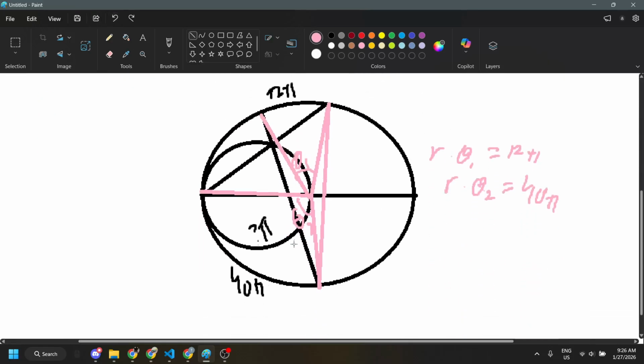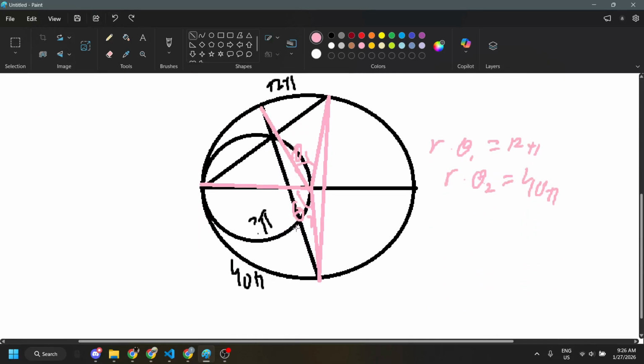Oh, you know what? This is a convex quadrilateral, and I think there's some kind of thing about that. I don't know what it is though.